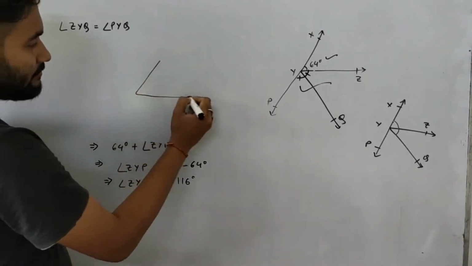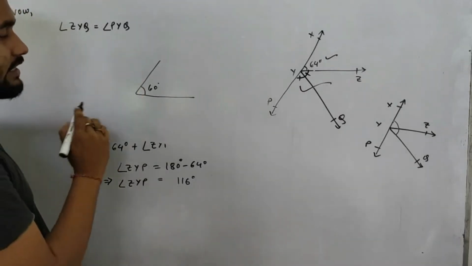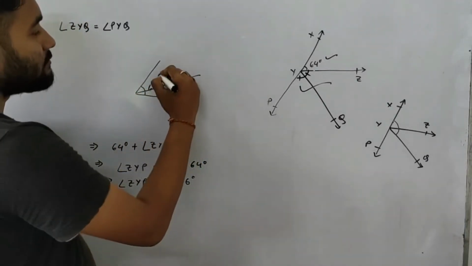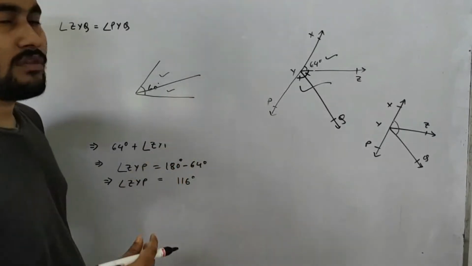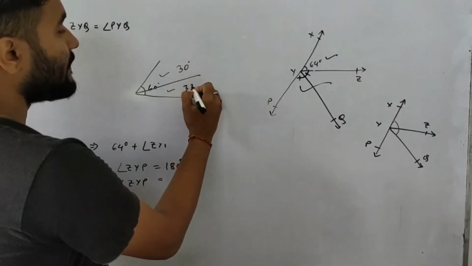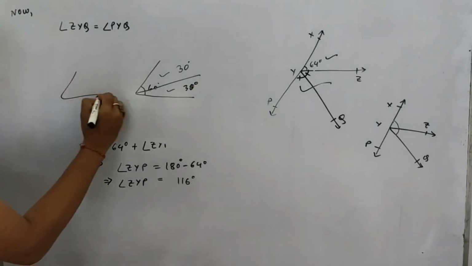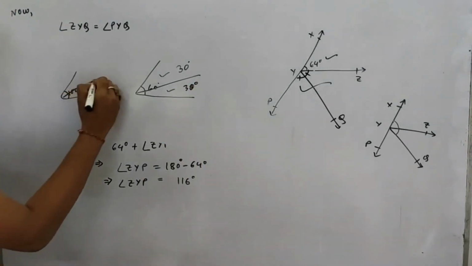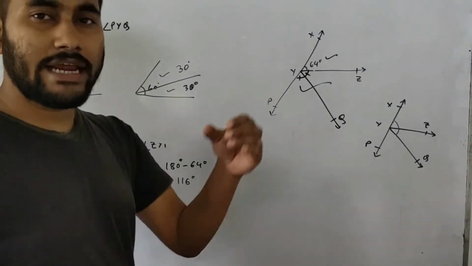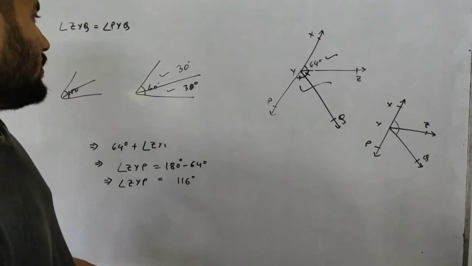Say this is an angle. This total angle is 60 degree. And if I say this one is bisected, then how much will this part be? Equally divided, right? So very simple, you will get the answer 30, 30, right? If I say this angle is 100 degree and it is bisected, then you will say 50, 50, right? If I say it is 10 degree, then you will say 5, 5, equally divided, right?